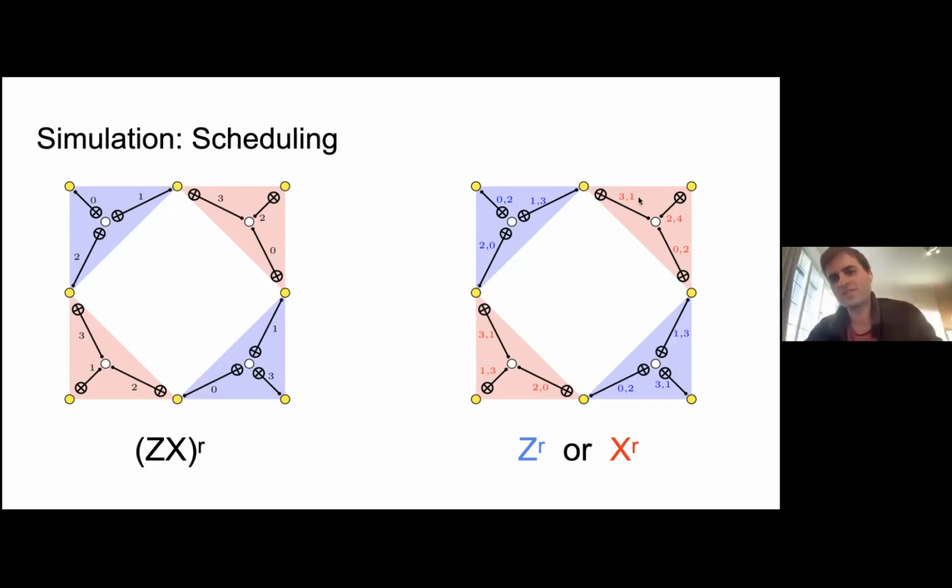And the same here. It's not the clearest diagram because we put two diagrams together. You should only consider only the red one or only the blue one at any one time. But effectively, if you look at this corner here, you can see that it is acted on in time steps 2 and 4 by this CNOT gate, and in time steps 1 and 3 by the other CNOT gate. So there is no idle time step.